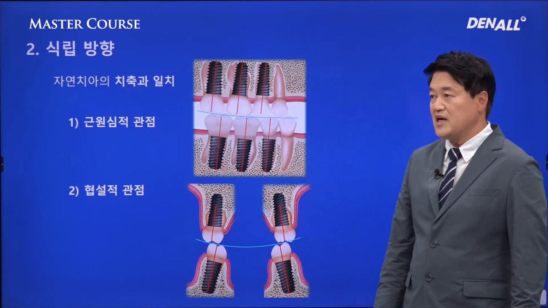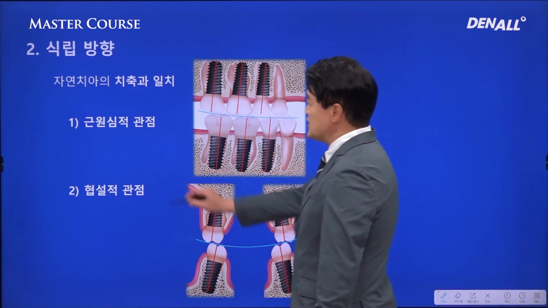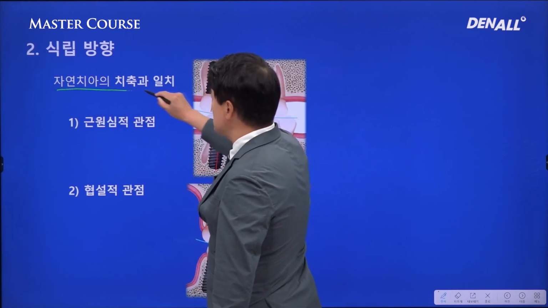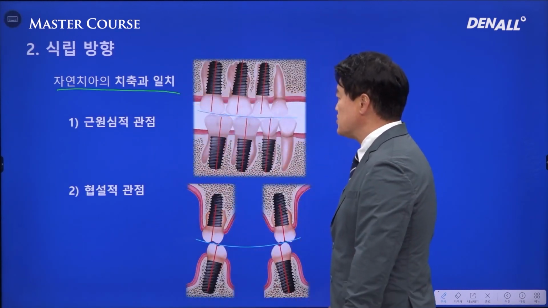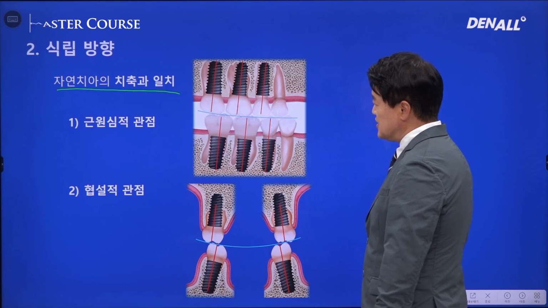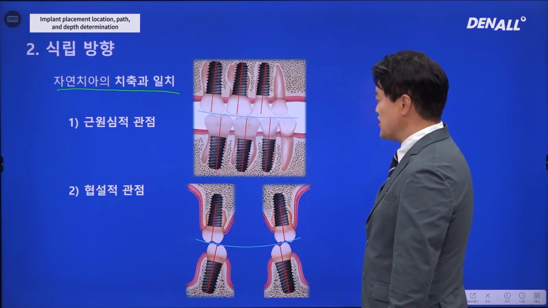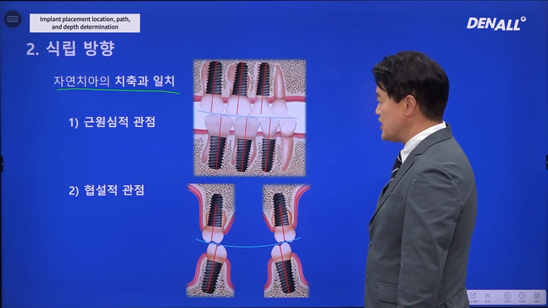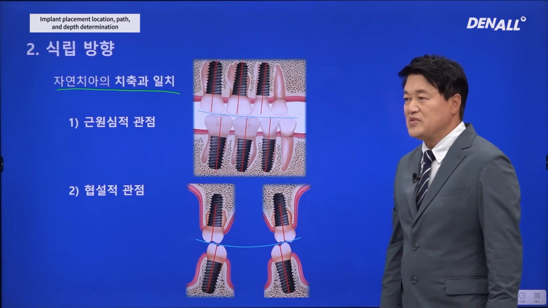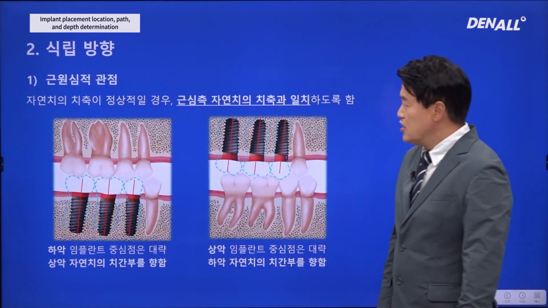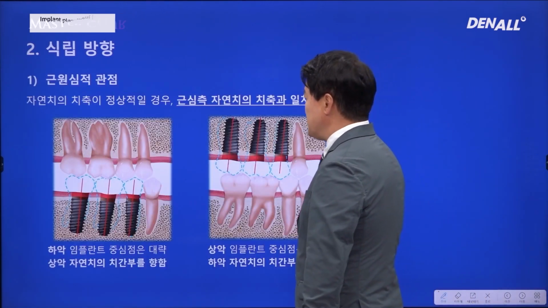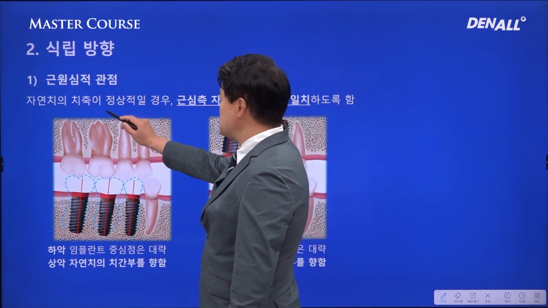Next, direction of placement. Basically, it should be consistent with the tooth axis of natural teeth. So considering the placement direction, we can think about mesiodistal and buccolingual directions. First, mesiodistal direction.